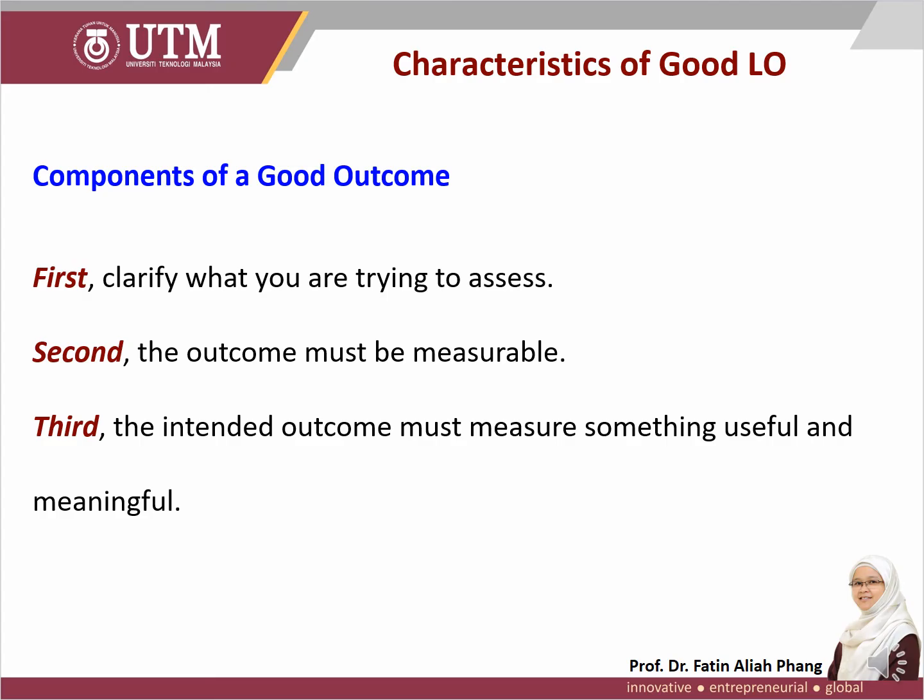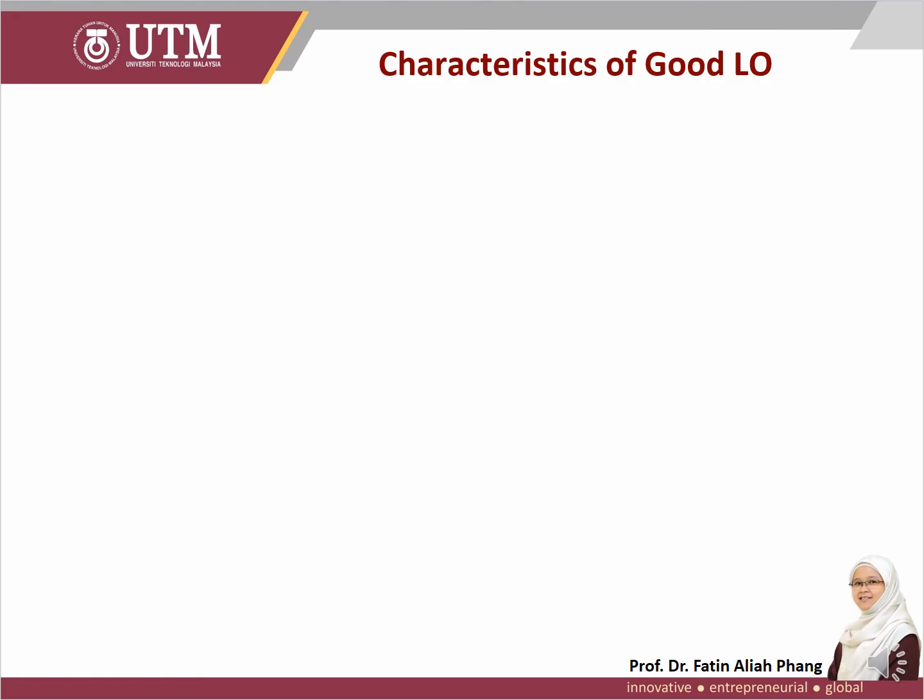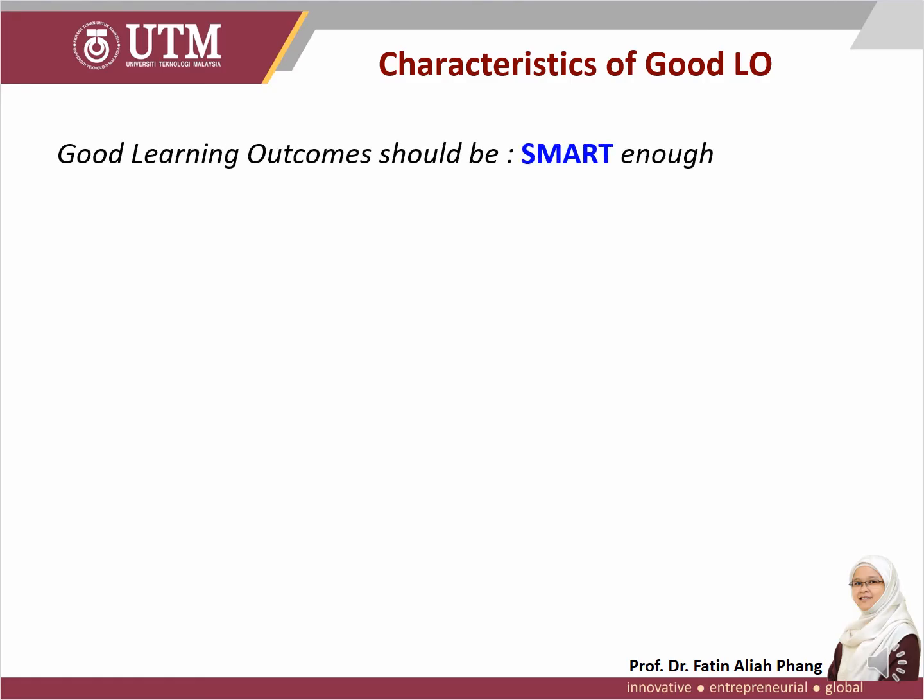I want my student to be able to design and then to be able to discuss about it and to be able to gain the skills. So those are the things that I have in mind for the whole course. So I'm going to teach them week by week that are going to achieve the final outcomes that I have presented before. Some other characteristics of good learning outcomes should have SMART.